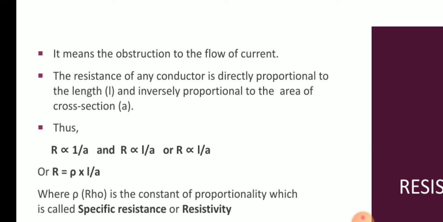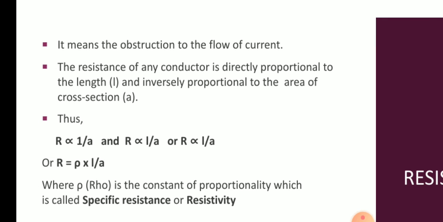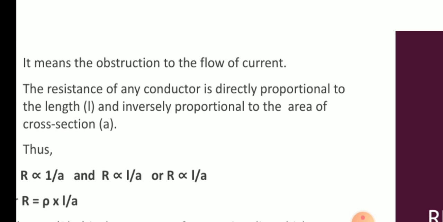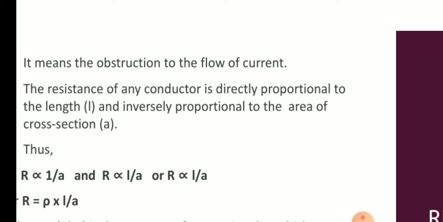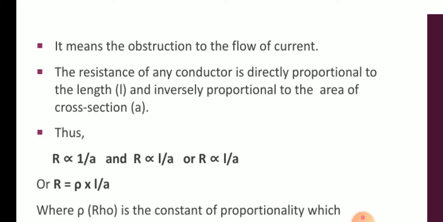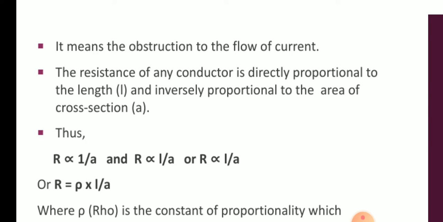The resistance of any conductor is directly proportional to the length and inversely proportional to the area of cross section. When the length increases, resistance will increase, and it is inversely proportional to the area of cross section.